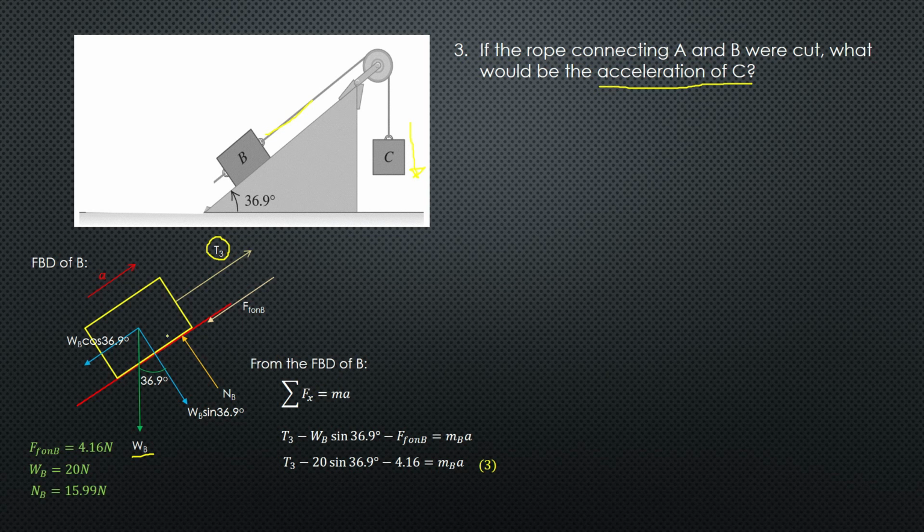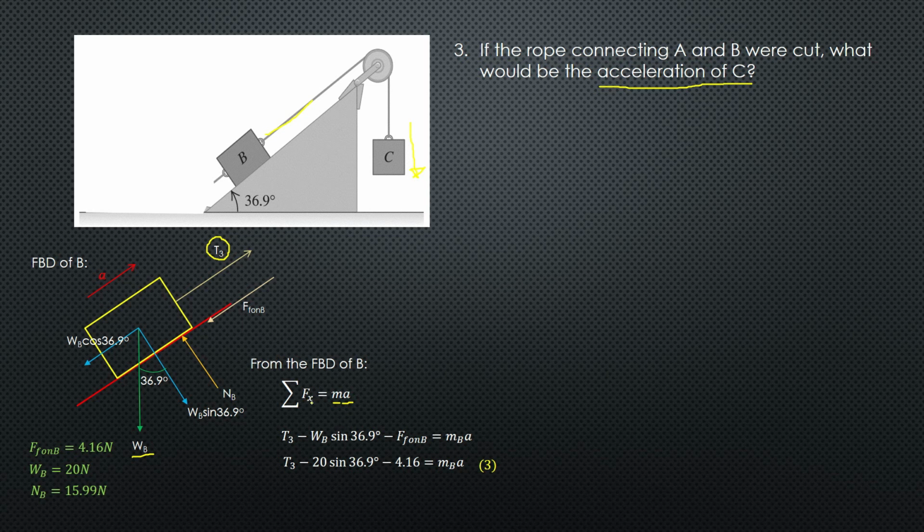Now from the FBD of B, considering the motion along X, if there is motion, the summation of forces will not be equal to 0. It should be equal to mass times acceleration.